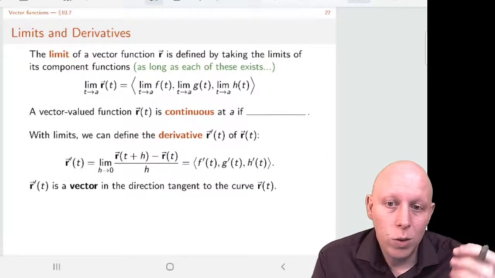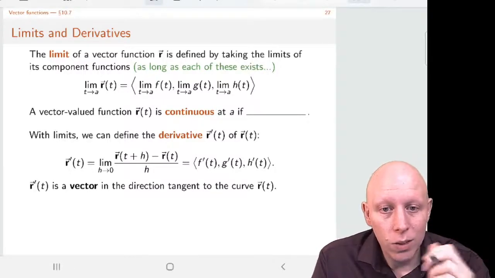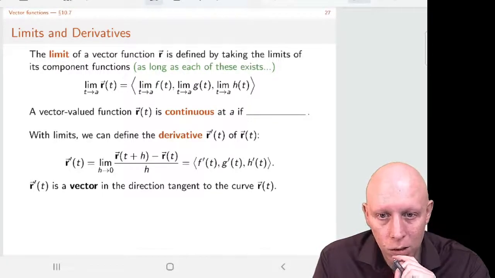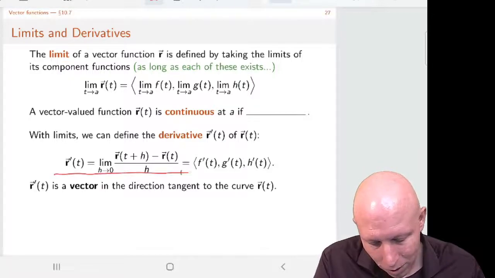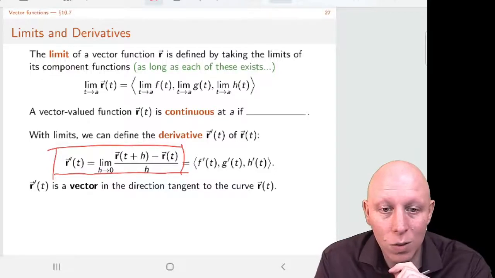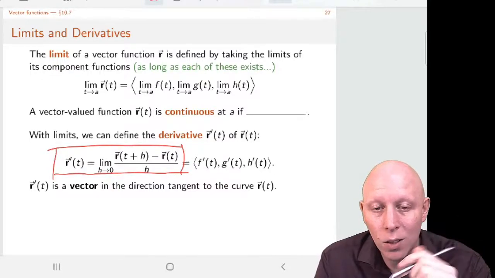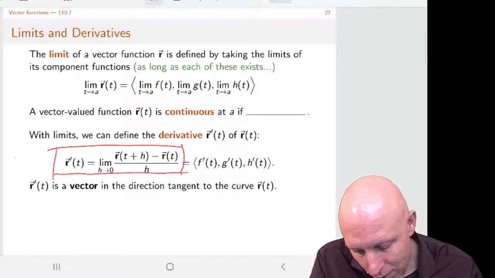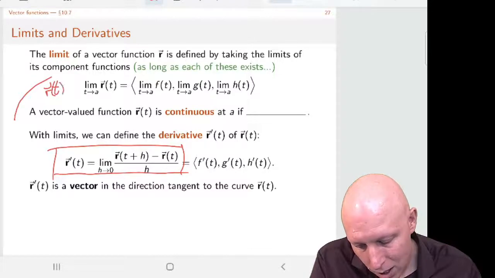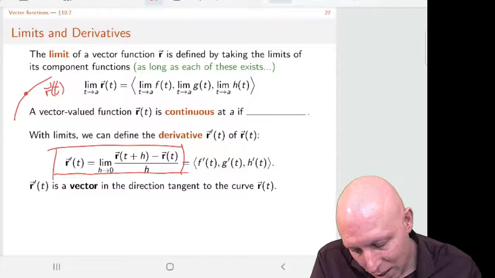All right, so once we have a limit, we can define the derivative of a vector function. We'll define it similarly to how we define the derivative of a single variable function. We take our function, r of t, we're at r of t, and then we consider r of t plus h.